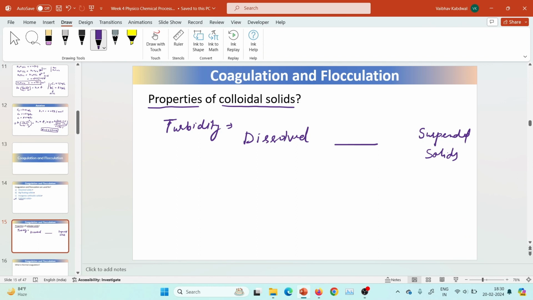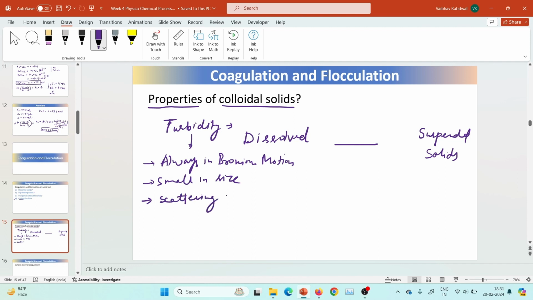So what are the properties of colloidal solids? We studied about these solids in turbidity. They are always in motion, in Brownian motion. They are very small in size. They cause scattering of light.